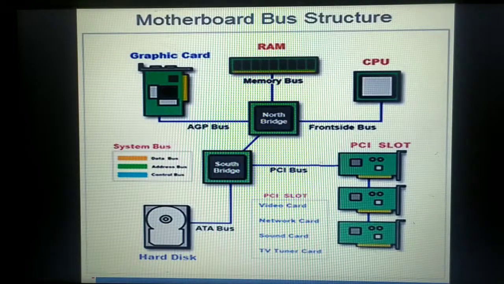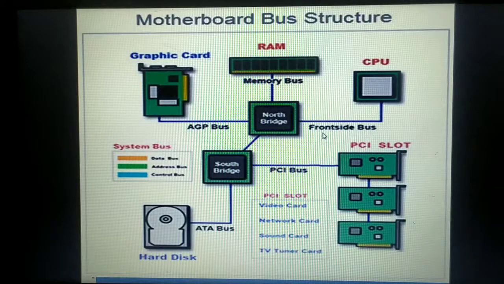Just as an example, if this front side bus has a capacity of 66 megahertz, that means this particular bus can send data at up to 66 million cycles per second.